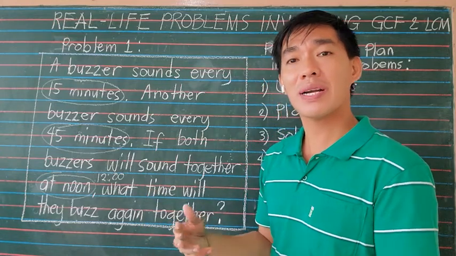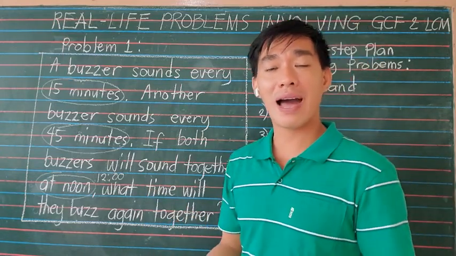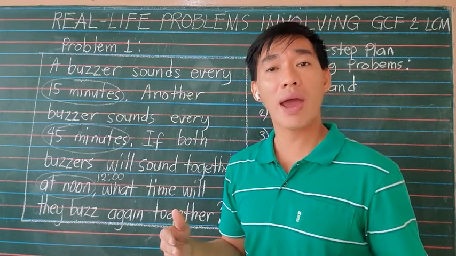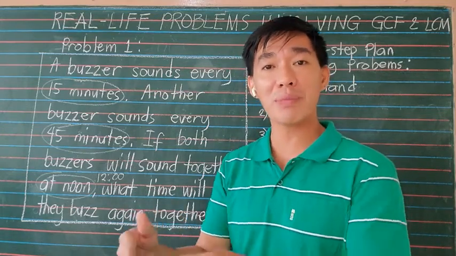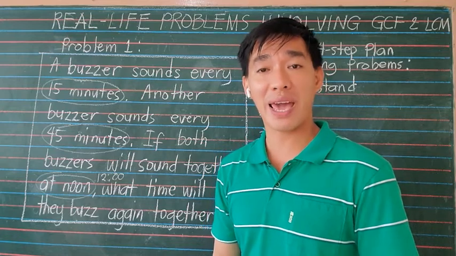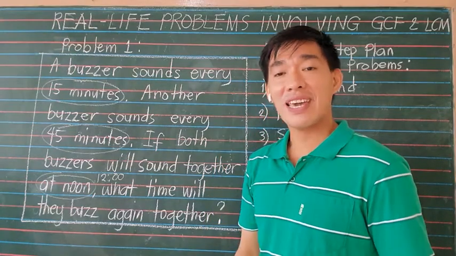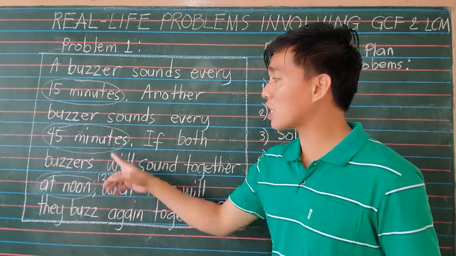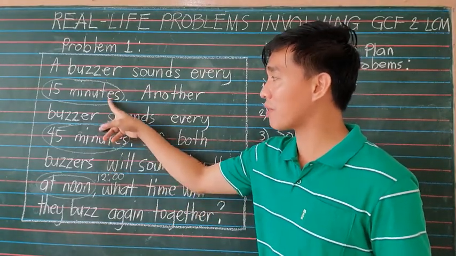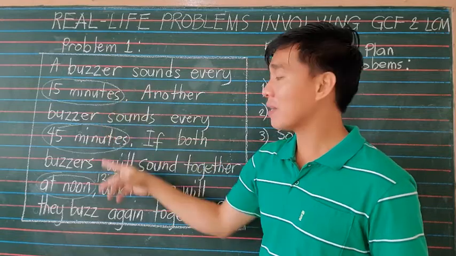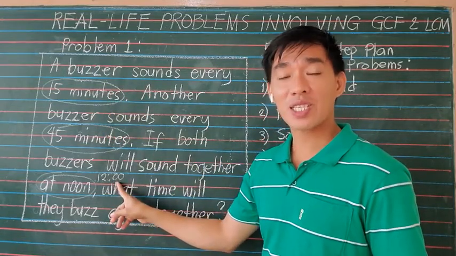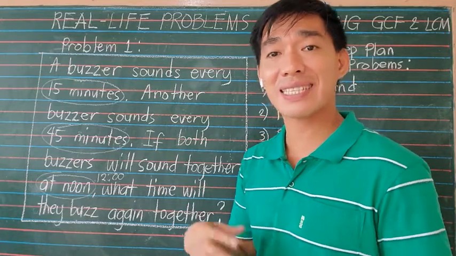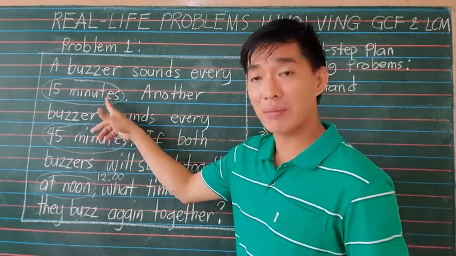So remember that a while ago, I told you that if we are looking for the time where these 2 or more numbers will meet, we are looking for the LCM of these numbers. We are looking for the time, the next time after 12 o'clock that these two will buzz.